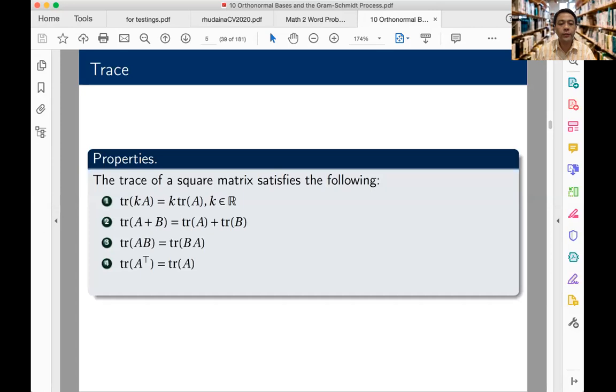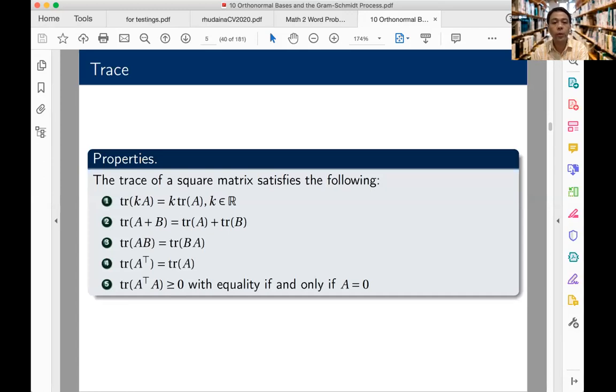And then next, the trace of A transpose equals the trace of the original matrix because the diagonal entries do not change position when you're taking the transpose. And lastly, the trace of A transpose A is non-negative, and this is equal to 0 if and only if A is the zero matrix.